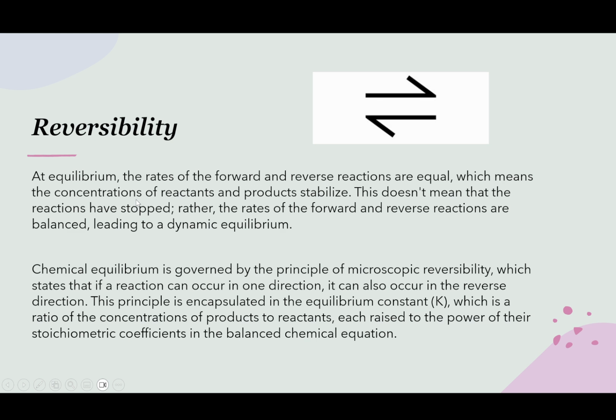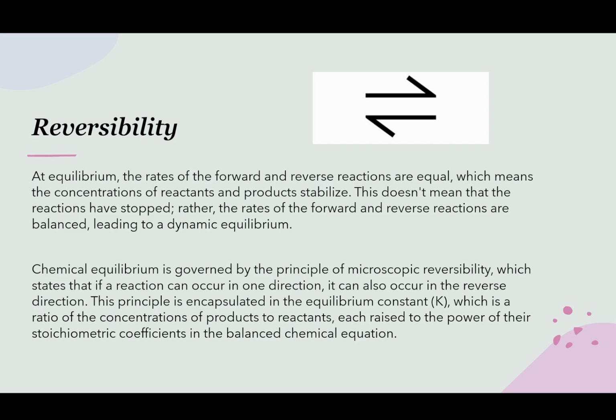So we tend to use those double arrows, two half arrows, to represent a chemical reaction in which the products and reactants can be reformed. It really doesn't matter which way you look at it, product formation or reactant reformation, within the same conditions.